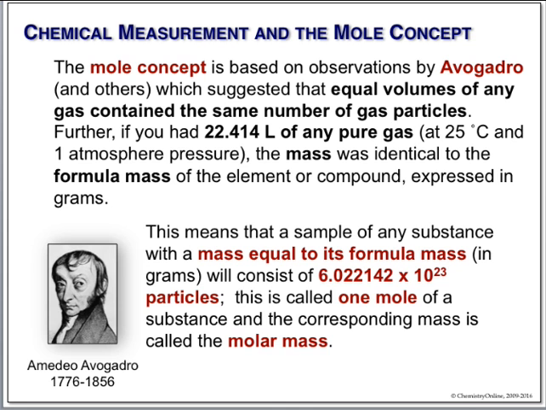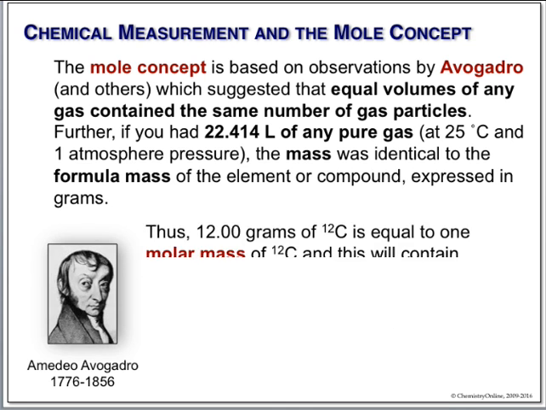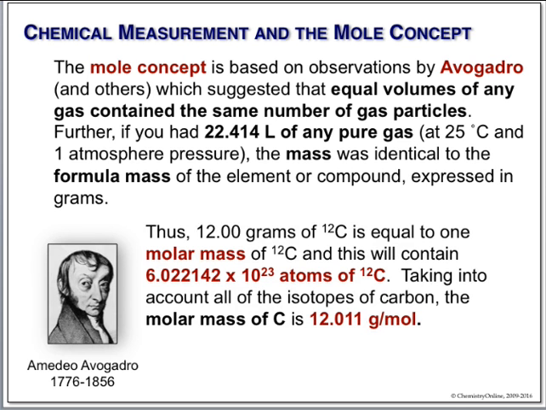Amazing concept. This is what we call the molar mass. This is what I just said. Exactly 12 grams of the isotope carbon 12 contains 6.02 times 10 to the 23rd atoms of carbon 12. Now, we know that carbon consists of isotopes.